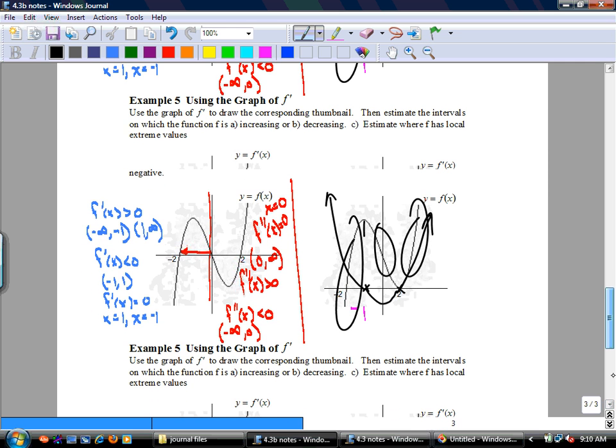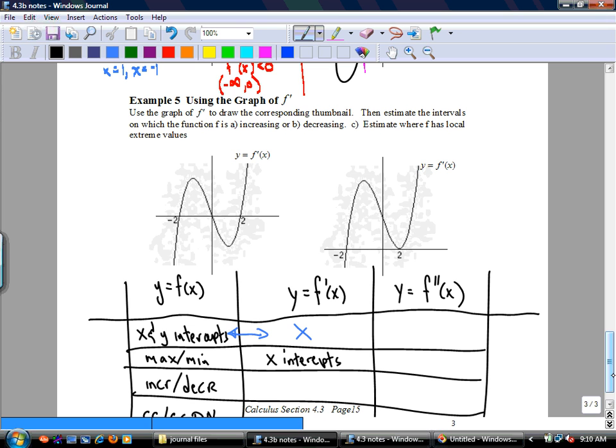Increasing and decreasing become positive y coordinates and negative y coordinates.